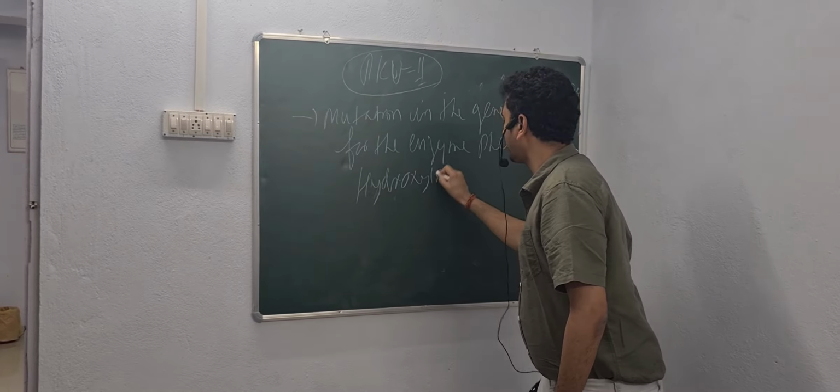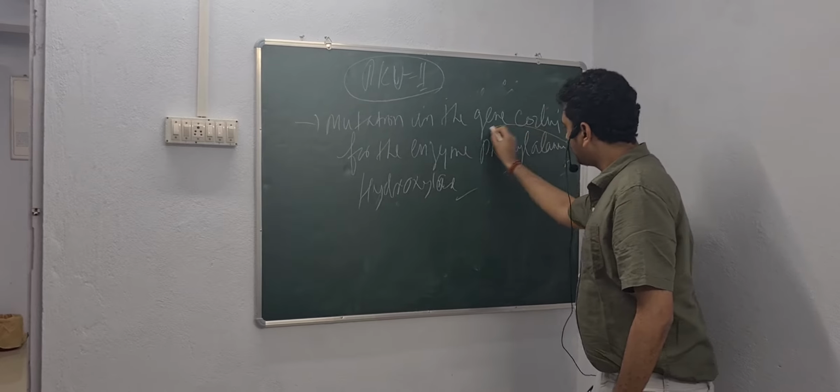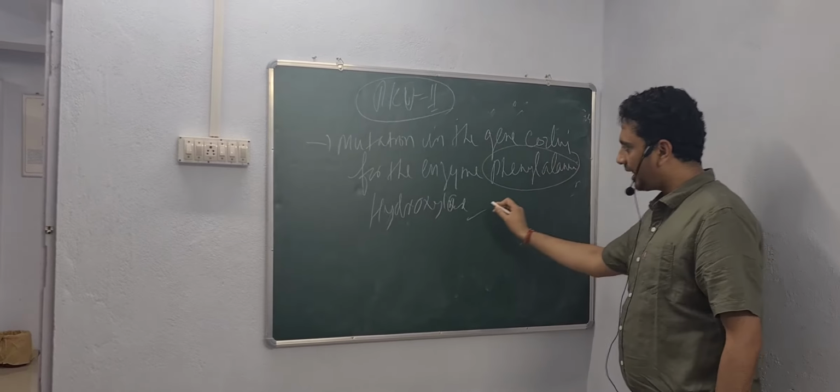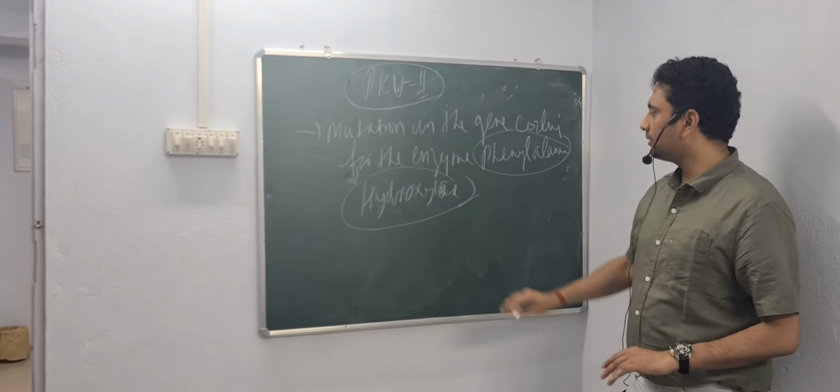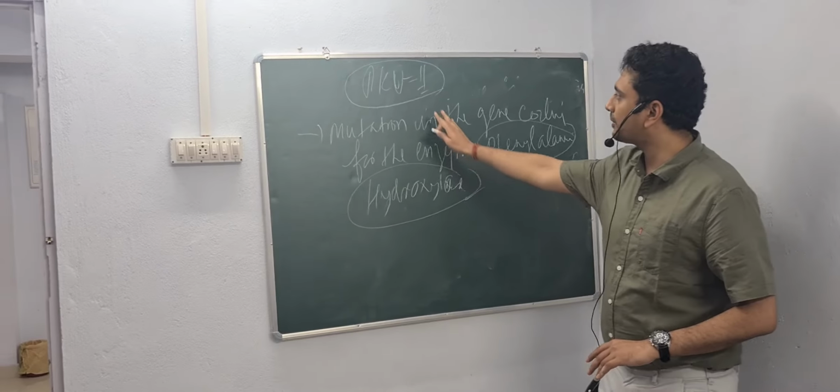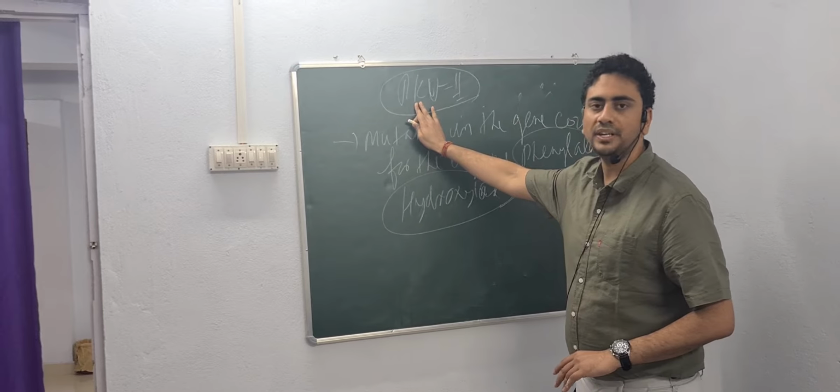So this is the defect. Which enzyme is defective? This is the important point we should remember. Phenylalanine hydroxylase is the defective enzyme in case of classical phenylketonuria or PKU1.